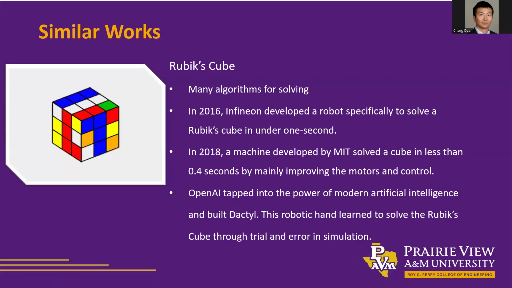Then in 2019, OpenAI tapped into the power of modern artificial intelligence and built a robotic hand called Dactyl. This robotic hand learned to solve the Rubik's cube through trial and error in simulation.